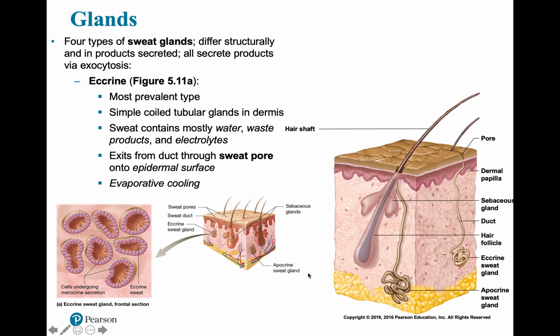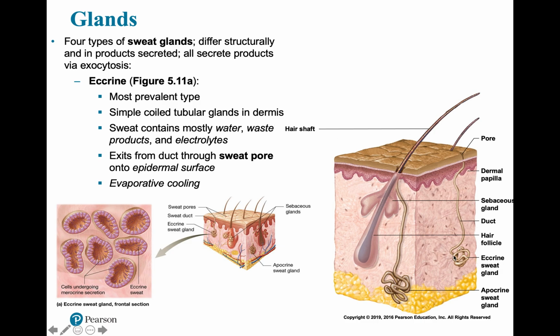So it does play a small role in excretion, because depending on the body state, if we have too many electrolytes, we can get rid of some via sweat. If we have waste products like lactic acid, we can get rid of them via these eccrine sweat glands. So it does play a small role in excretion. It also plays a small role in protection against bad microorganisms, so pathogens.